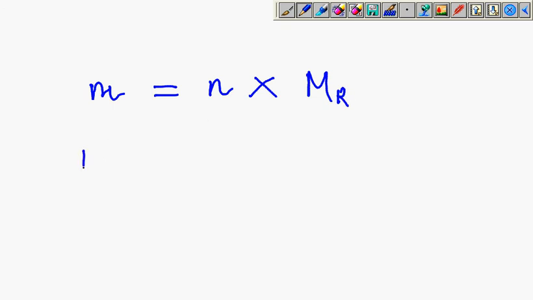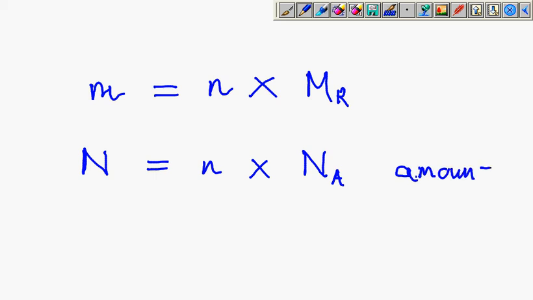Is this having similarity with this formula? Remember just now, in our previous study, this one is more about the amount, while this one is more about how heavy the substance is. But they use the same premise. Here is the actual mass. This is just a mole. This is a standard mass.